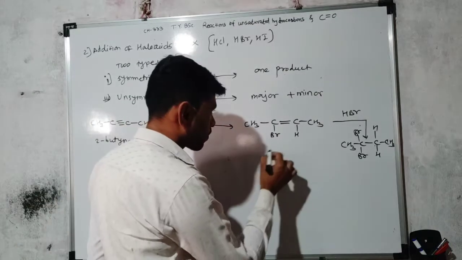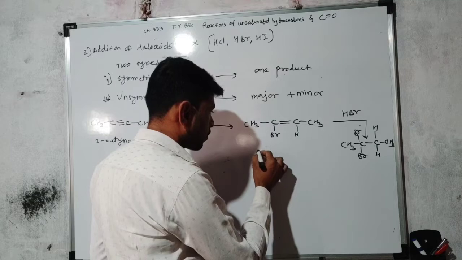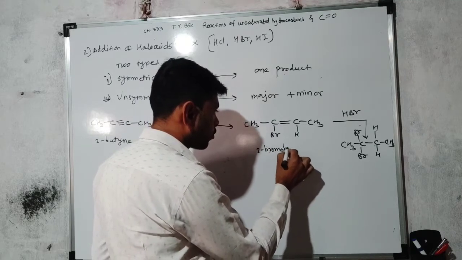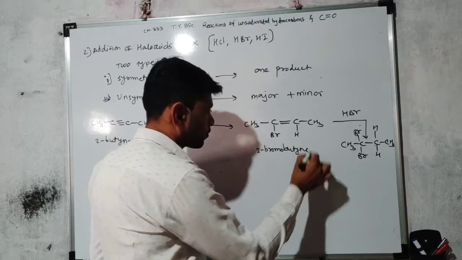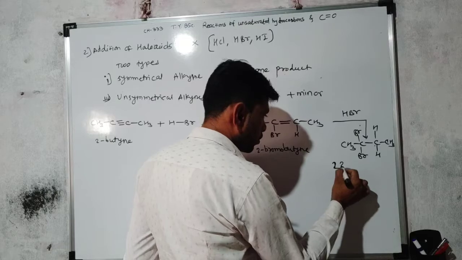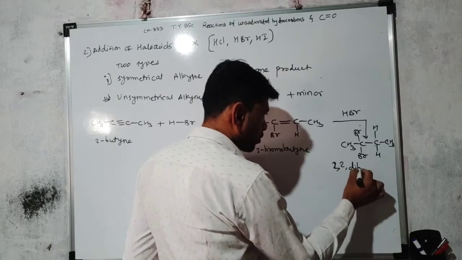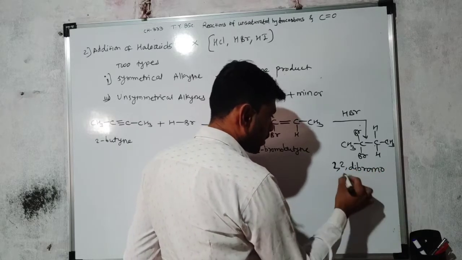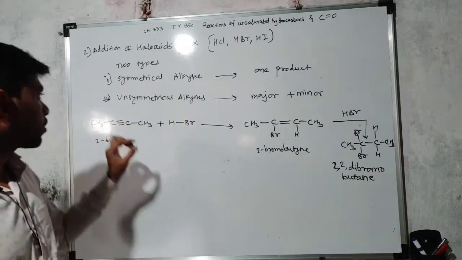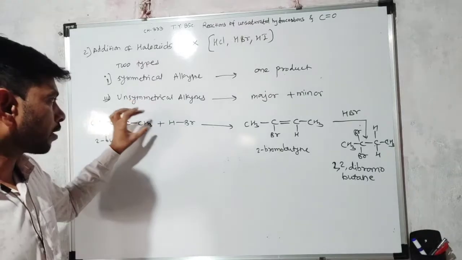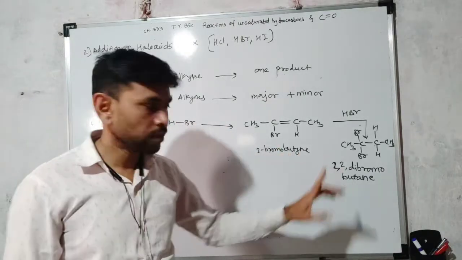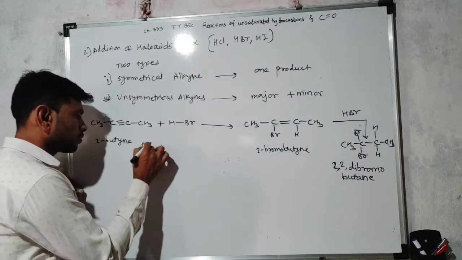Here we obtain 2-bromo butene as a product, and here 2,2-dibromo butane as a product. So this is a symmetrical alkyne. When a symmetrical alkyne is there, we obtain only one product. See the mechanism of this reaction.